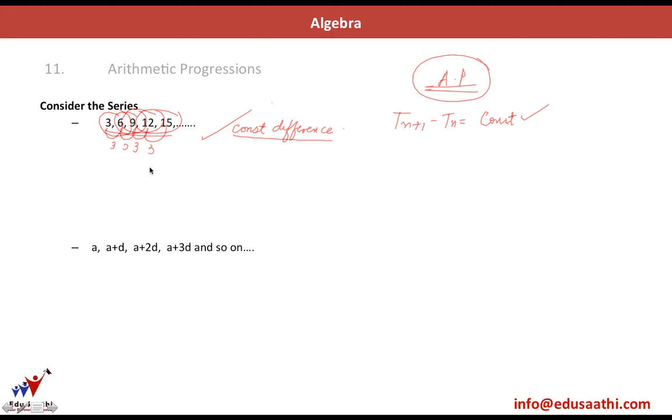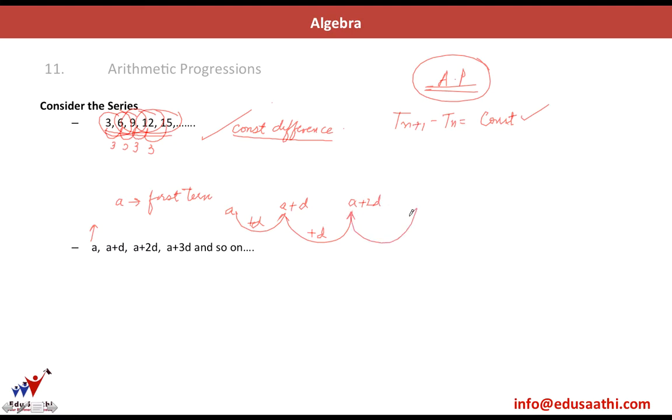If I have to write the terms in general, I will start with the first term. A refers to the first term of the series. To move to the second term, I will add a constant difference, making A plus D the second term. To move to the third term, I'll add another D, so I'll get A plus 2D.